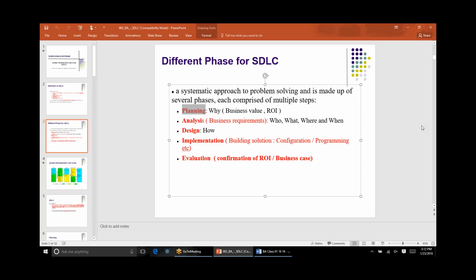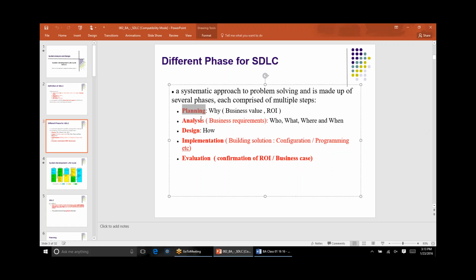What is the ROI? What is the business value? Why are we doing what we are doing? That is all part of ROI.